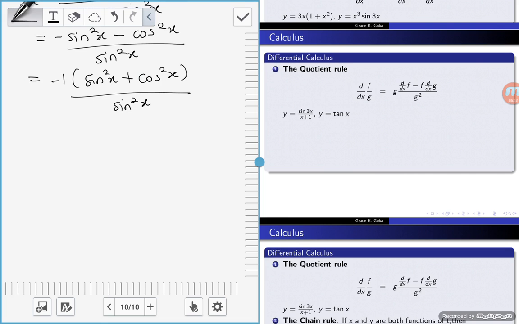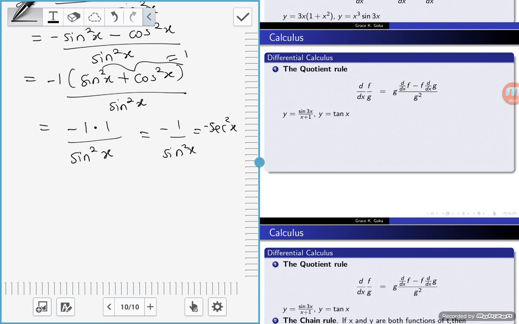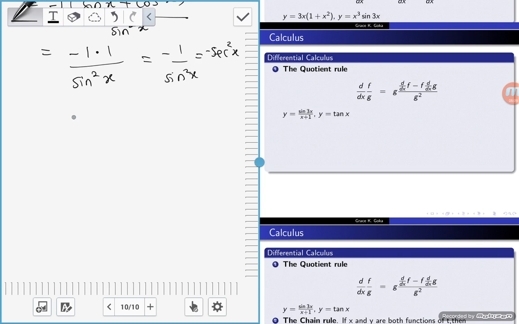But sine squared x plus cos squared x is equal to 1. So this is equal to -1 times 1 all over sine squared x. And this is -1 over sine squared x. This is negative sec squared x. Alright, so you try y is equal to e to the power x all over x squared.